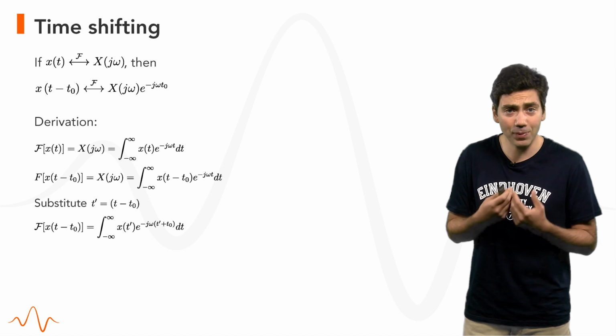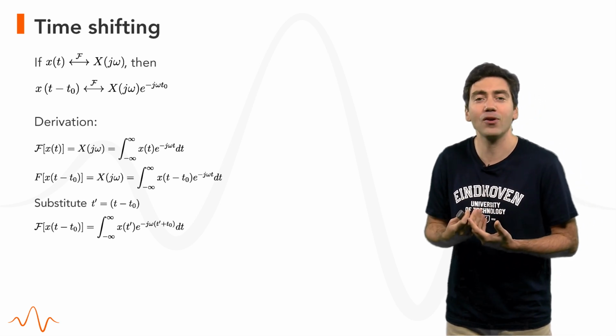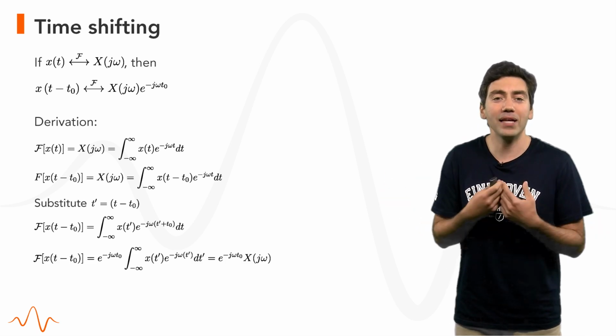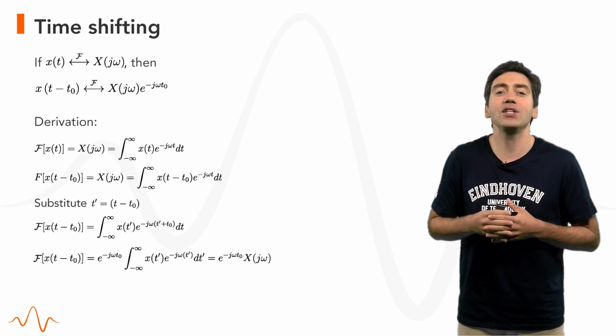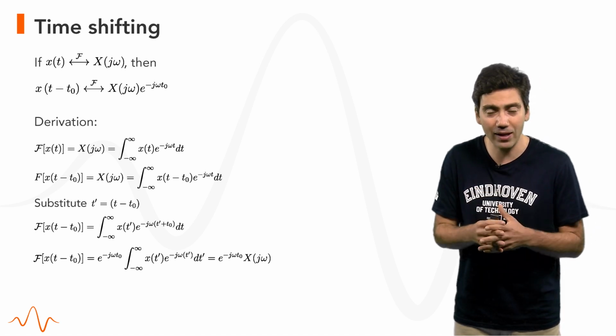And since exponential of minus j omega t naught does not depend on time, we can move it out of the integral and we obtain exponential of minus j omega t naught times the Fourier transform of x, capital X of j omega.